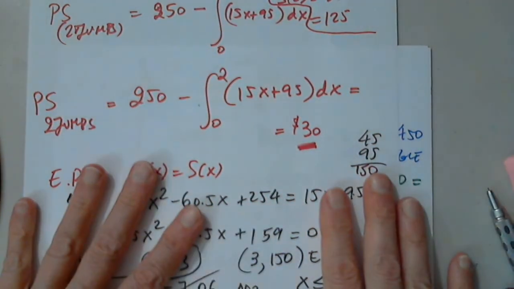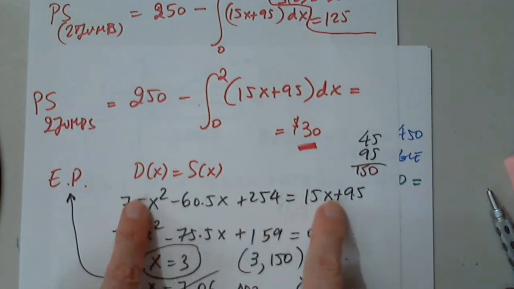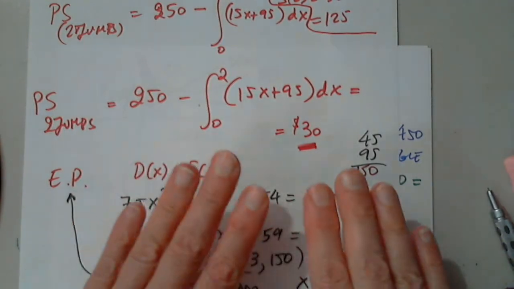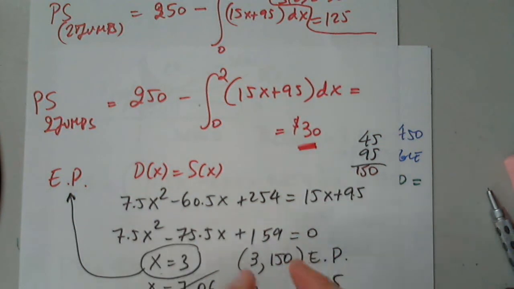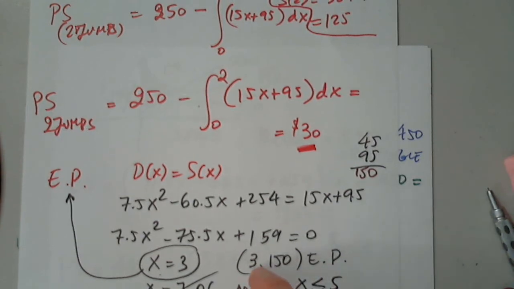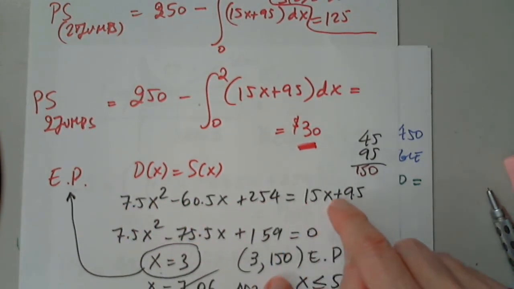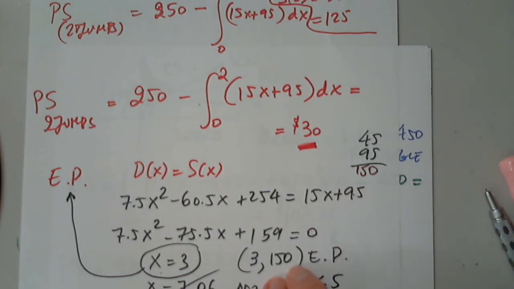Yes, I have to plug it in because when I set them equal to each other, as we remember in the review, chapter R, when we determine x by setting them equal, I still have to determine the y. Because if I don't determine the y, then I don't have a point. So it doesn't matter if you plug in 3 here and you will get 150, or you plug in 3 here and you'll still get 150.